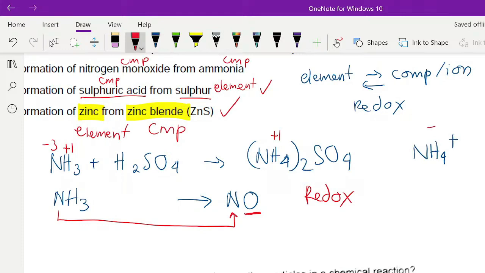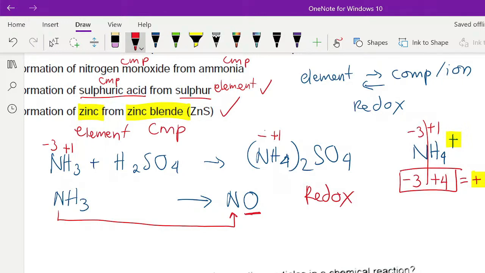So if hydrogen is +1, here we have a total of +4, and here we need a -3 to get a total of +1. How do I know the total is +1, not 0? Because the charge of the ion here is +1. Okay. So the oxidation number of nitrogen is -3.